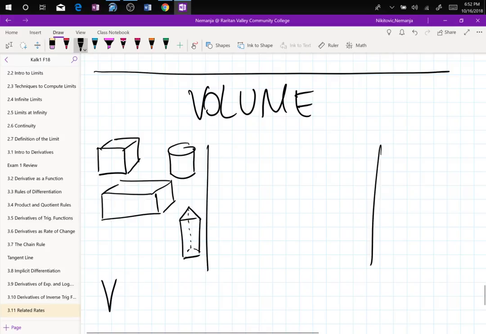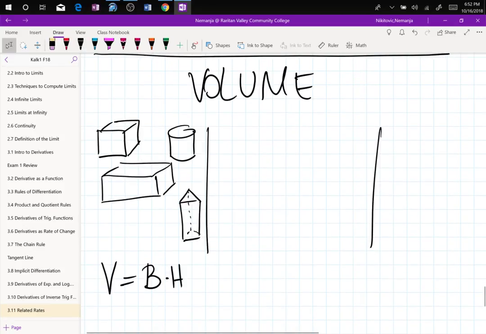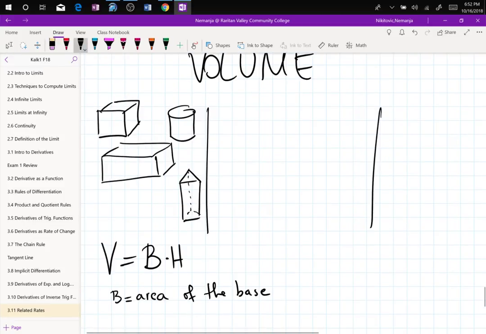And the volume is simply base times the height. So B is the area of the base, and capital H is the height. Note, we have a square, we have a rectangle, we have a circle, we have a triangle.